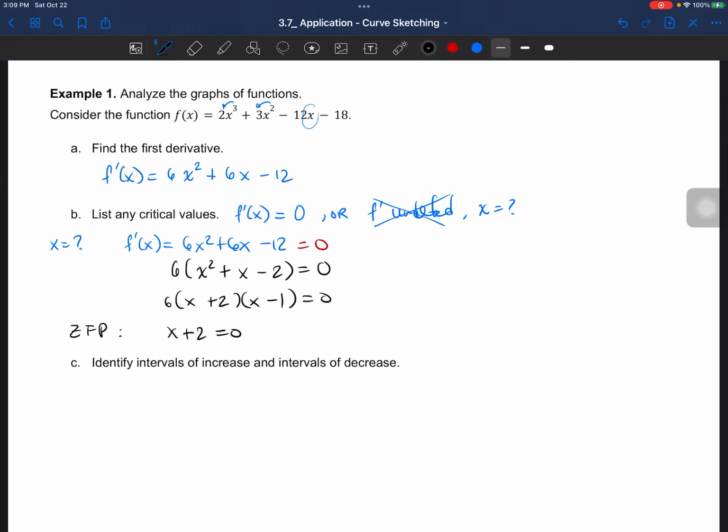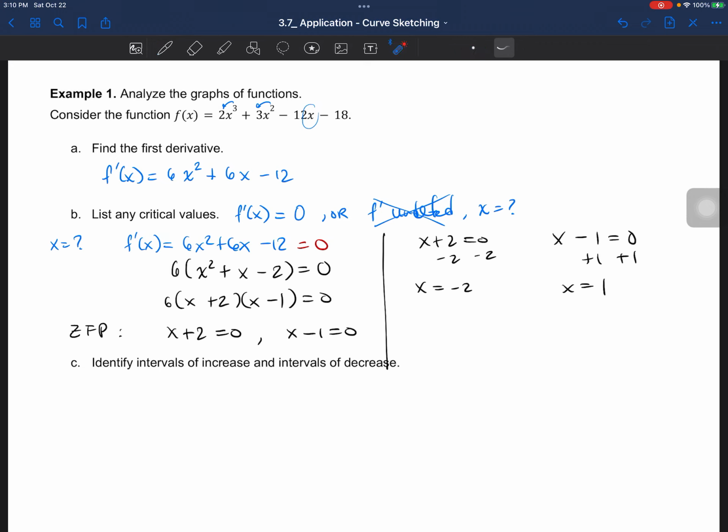And so there you go, right? We have factored this out, and from here we're going to use the zero factor property to isolate these two and set them equal to 0, right? And then that implies that x plus 2 equals 0. By subtracting 2, we get x equals negative 2, and for the other one, adding 1 gives us x equals 1.